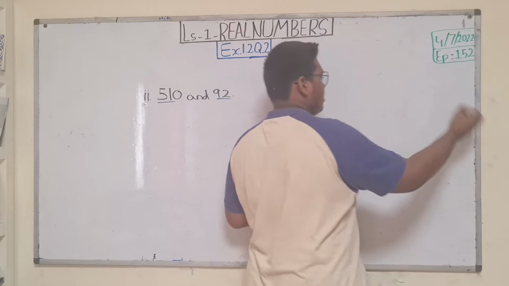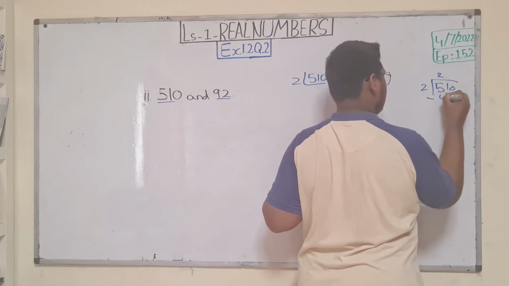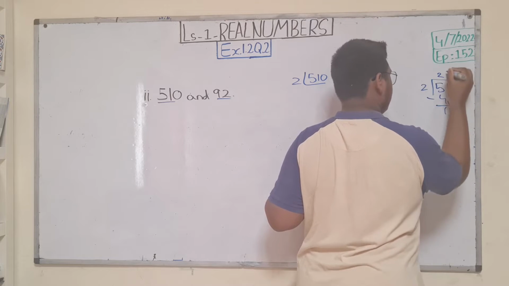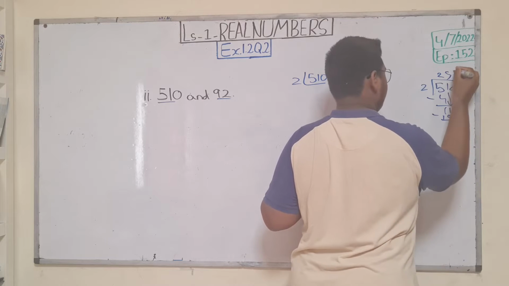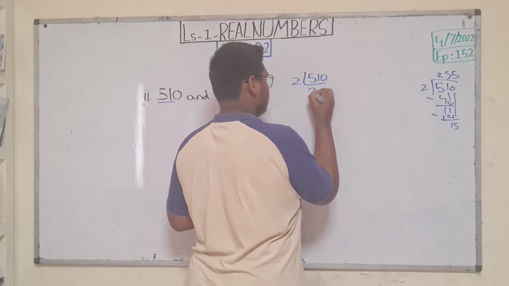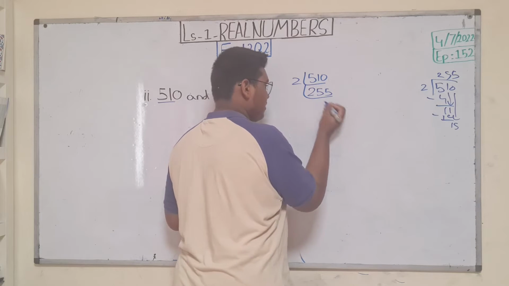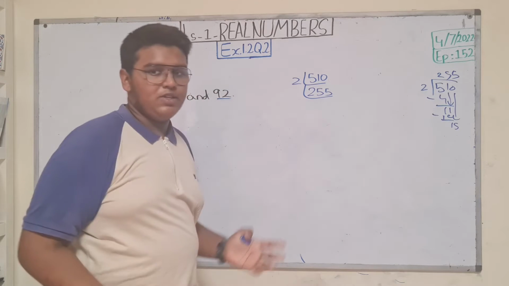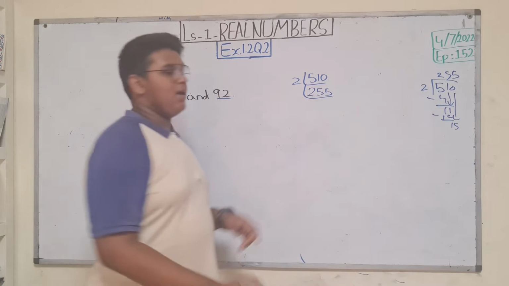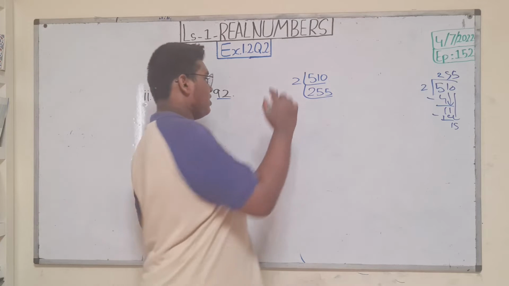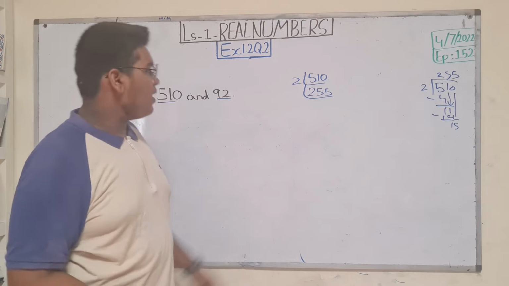So let me divide this fast: 510 divided by 2 is 255. Can 255 also be divided by 2? When the last digit is 5, it cannot be divided by 2. But if the last digit is 0, we can tell that it is divisible by 2.